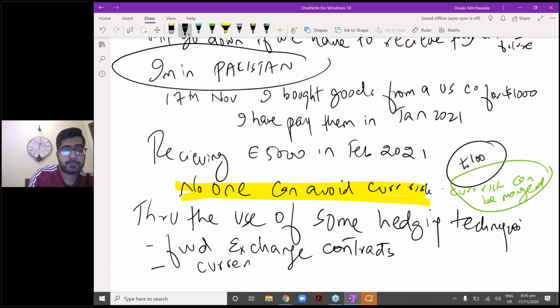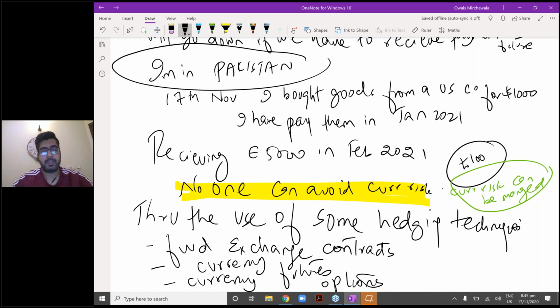Other is called currency futures. And the third is called currency options. Now there are some other techniques as well, like lead payments or money market hedging, but obviously we are only going to cover some important techniques which usually come frequently.